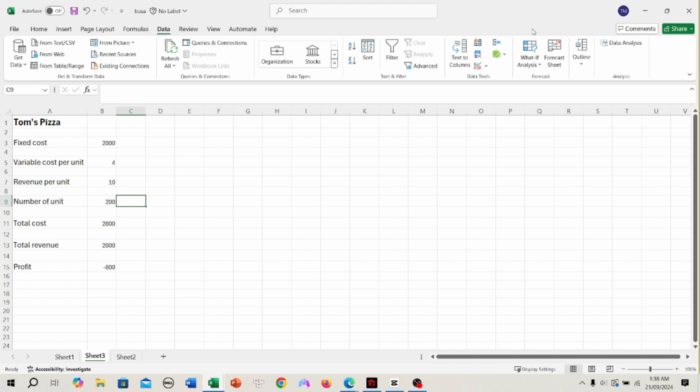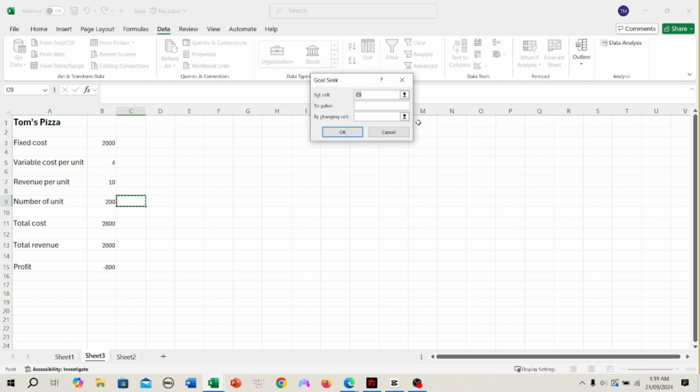Go to Data, What If Analysis, and Goal Seek. But here you set the cell profit to 0. In this case, the cell that needs to be changed, not the number of units, it is the revenue per unit or the selling price per unit.